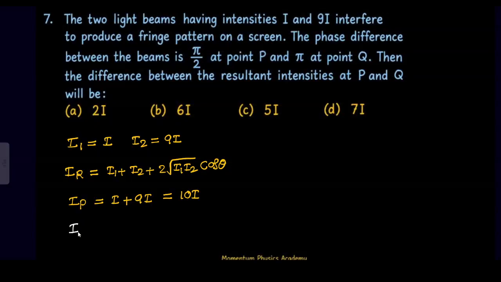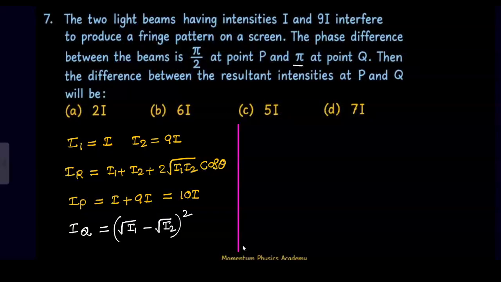Now at the point Q, how much is the phase difference given? This is pi. Pi means what type of interference, constructive or destructive? Destructive. Destructive means minimum or maximum? Minimum. So how much is the minimum? Root I1 minus root I2 whole square. Now I1, I2 values we know.